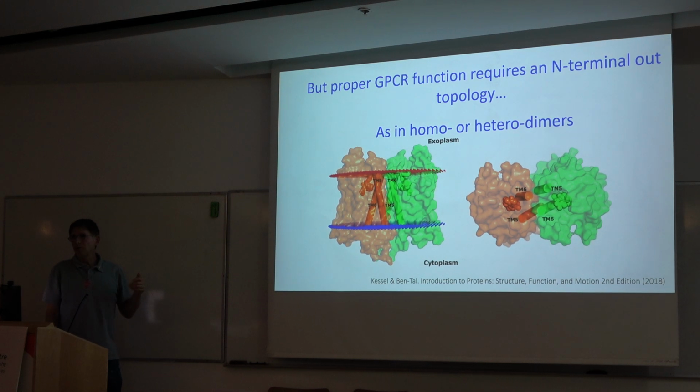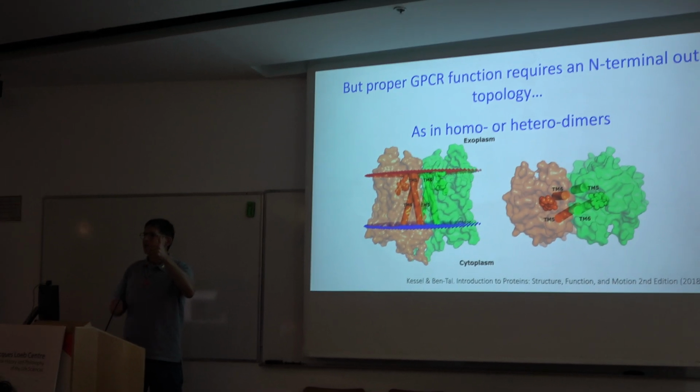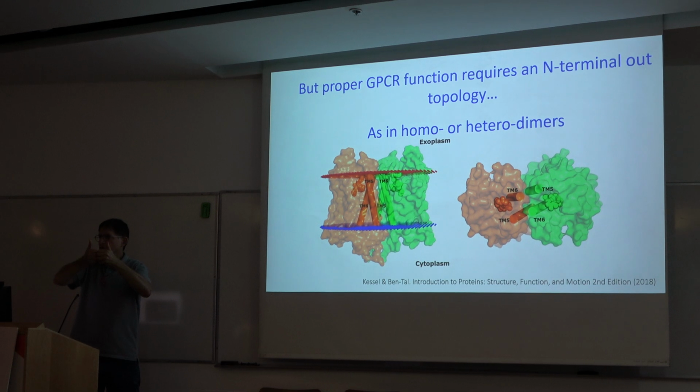Now the topology. As I said, for proper signaling, the GPCRs have to be oriented in the membrane in a certain way, with their N-terminal facing out and their C-terminal stretching into the cell. So for proper signaling as a pair, both should be oriented this way. AlphaFold typically orients them like this, but is uncertain.